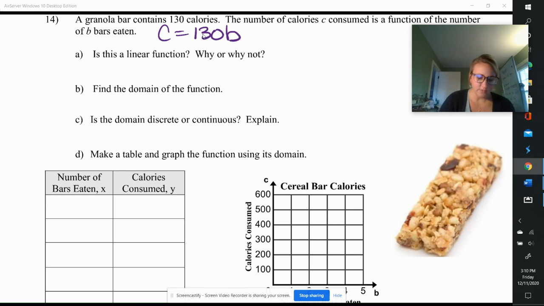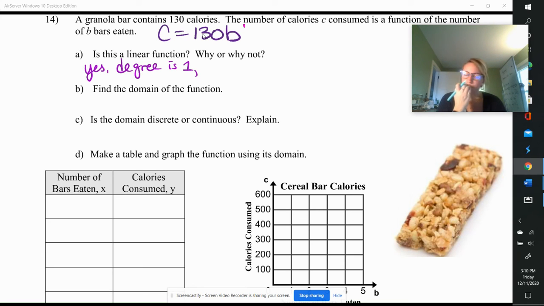So based on that, this is a linear function because the degree is 1. But also, as the number of bars get eaten, the number of calories consumed will increase at a constant rate.